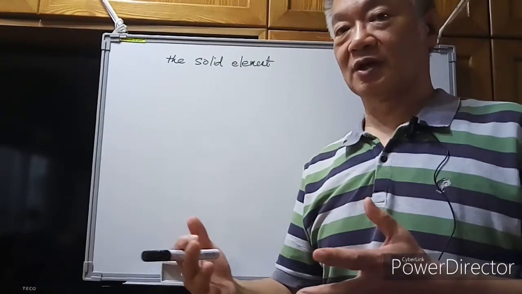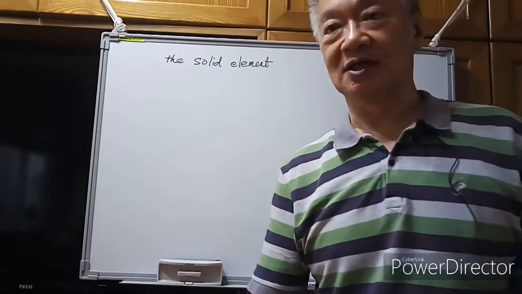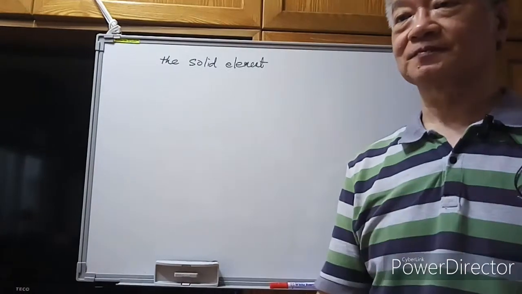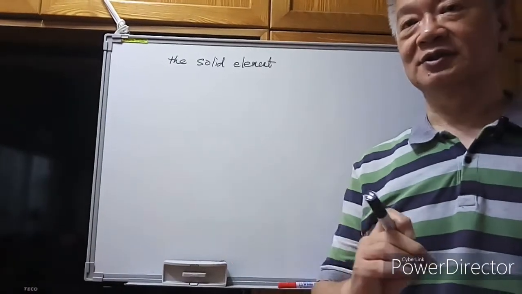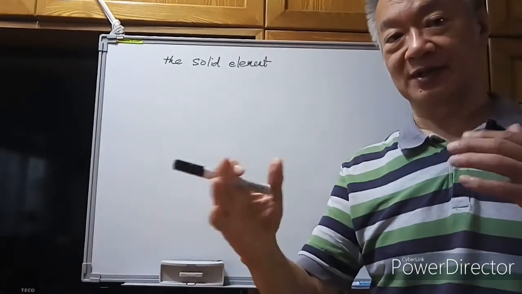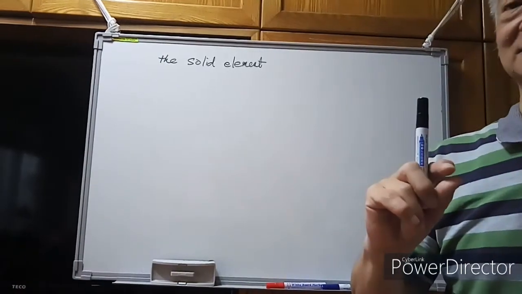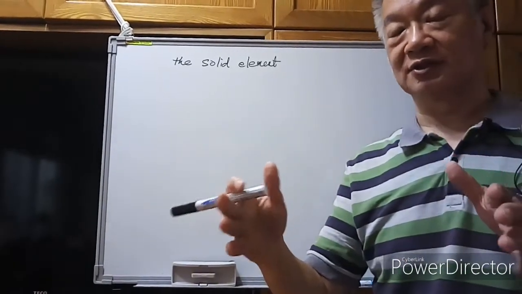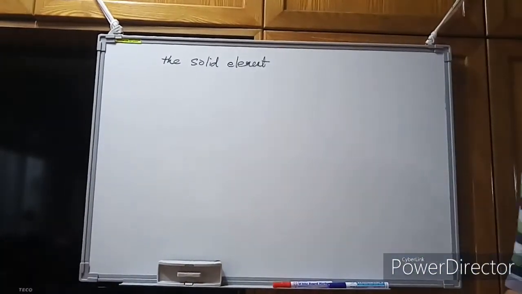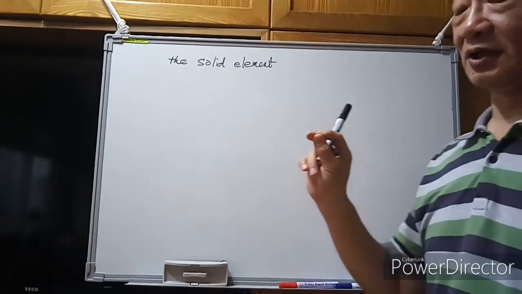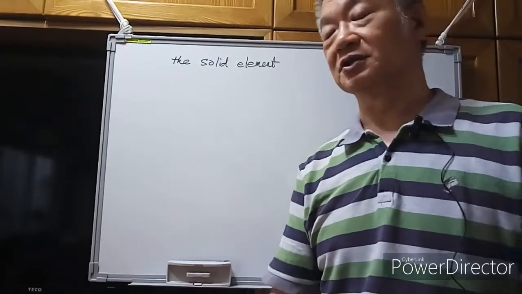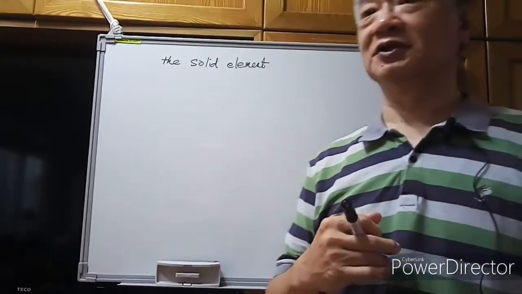For other structural models, usually we can say there are some kinds of geometric characters. For example, for the plane stress problems, it is a thin plate, so the thickness of the plate compared to the dimensions of the plate is much smaller. And for the plane strain problems, the dimension along the z direction, we assume it is close to infinity.